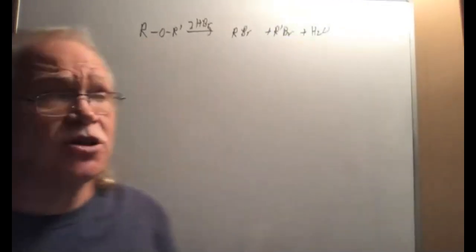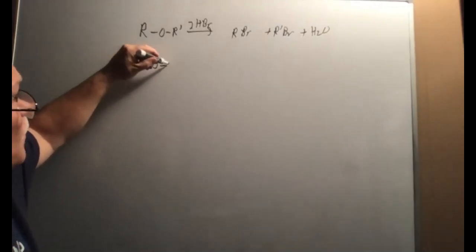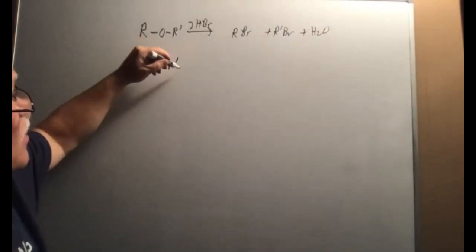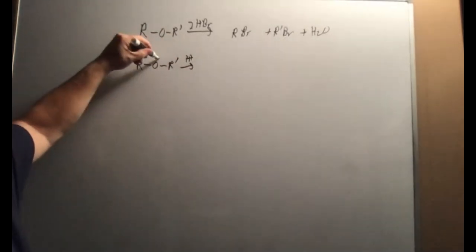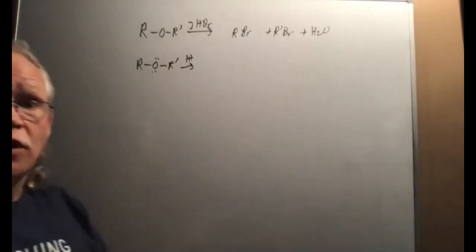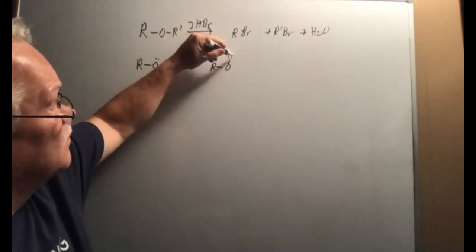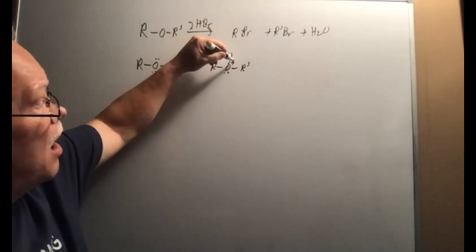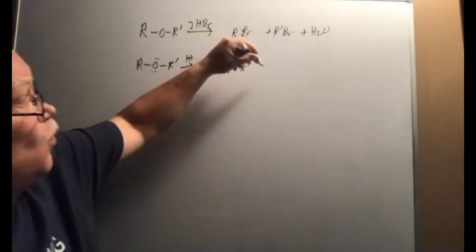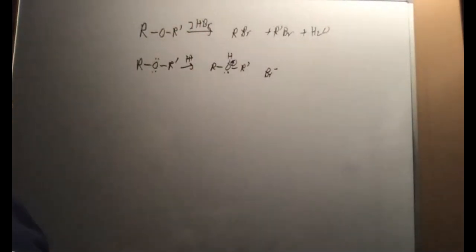Let's look at the reaction mechanism for this. If we take the ether and react it with H+, what do you think the H+ is going to do? It's going to protonate the oxygen. So what we get out of this is a protonated oxygen. Now, we also have a Br- because the H+ protonated the alcohol.